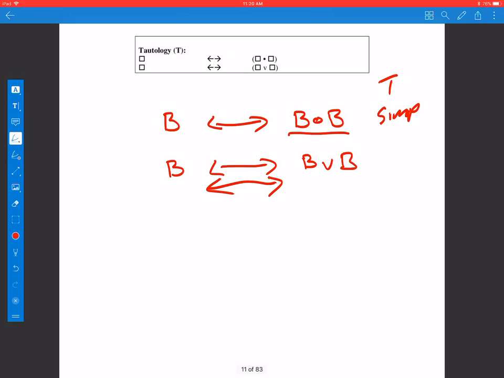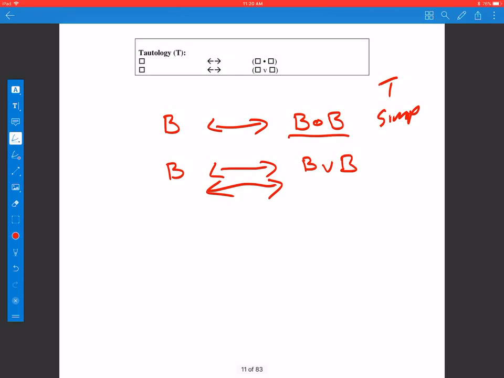So why on earth would any system have such a rule? Well, some systems don't have the rule that we have called constructive dilemma. Let me say that again, they don't have simple dilemma.